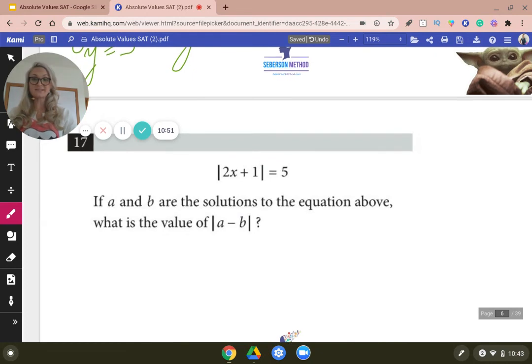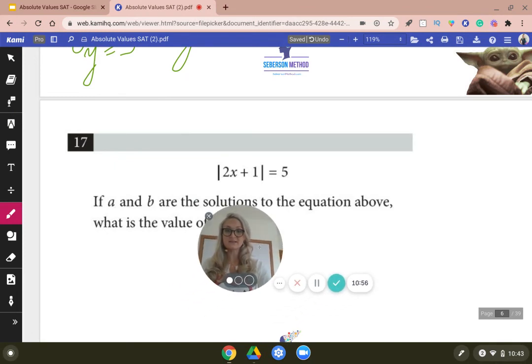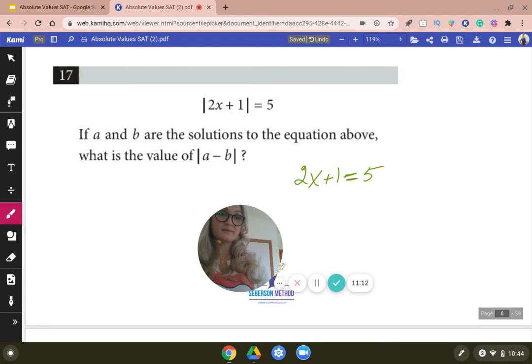Next question, question 17, very similar setup. Please pause and give yourselves a chance to answer it by yourselves. 2x plus 1 is either equal to 5 or 2x plus 1 is equal to negative 5. So 2x is equal to 4.